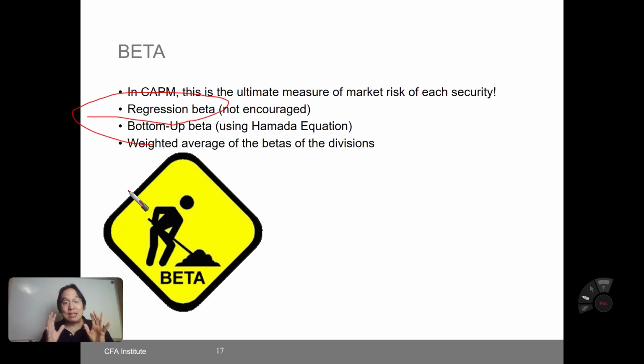And then bottom-up beta. Before we move on further, I told you about this T-Rex age versus Ice Age kind of thing. But moreover, sometimes the company changes its character. Previously, I was a T-Rex, and now I want to change into an octopus somehow. The risk level, would it be the same?